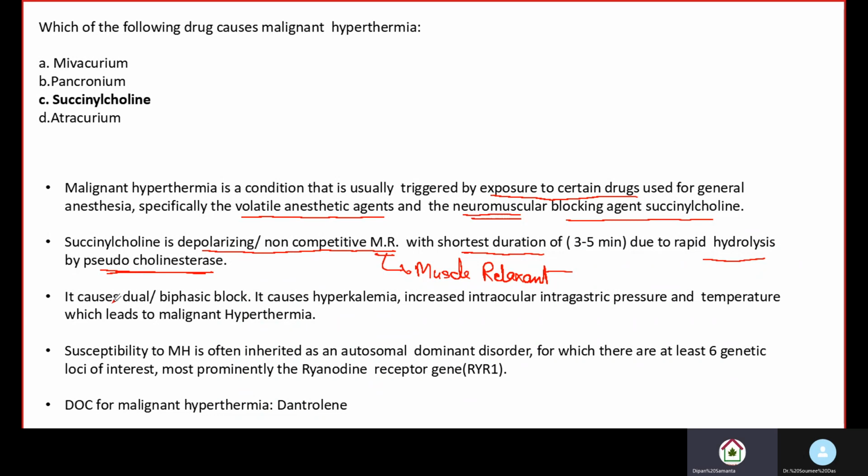Now, succinylcholine causes dual or biphasic block. This terminology is very important and can come like this. The mechanism of succinylcholine is dual or biphasic block. It causes hyperkalemia, increased intraocular and intragastric pressure, and temperature also, leading to malignant hyperthermia.